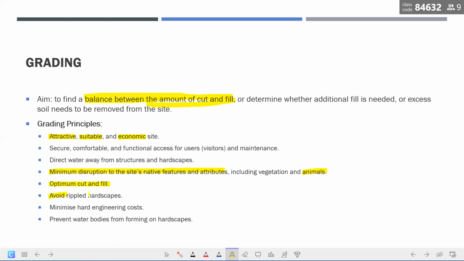Another principle is to avoid rippled hardscapes. This has something to do with point number 3, to direct water away from structures and hardscapes. Sometimes hardscapes or hard surfaces, paved surfaces, when they've been inundated for too long, some of the soil underneath may be removed by the outflowing water.